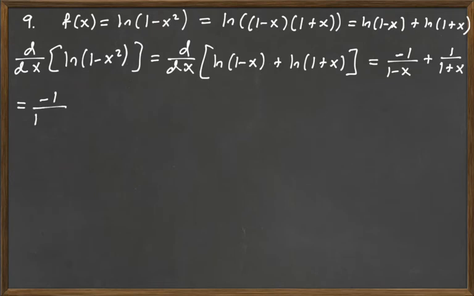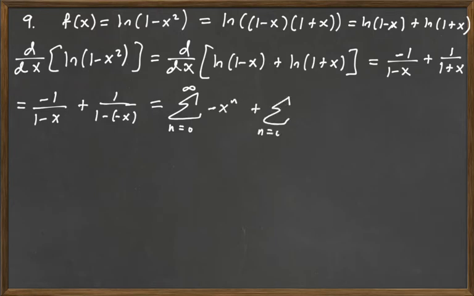So the first one's good to go, negative 1 over 1 minus x, plus the second one we'll write as 1 over 1 minus negative x. And so that's going to give us the sum n equals 0 to infinity of negative x to the n, plus the sum n equals 0 to infinity of negative x quantity to the n.